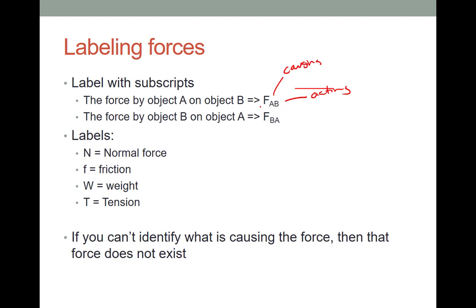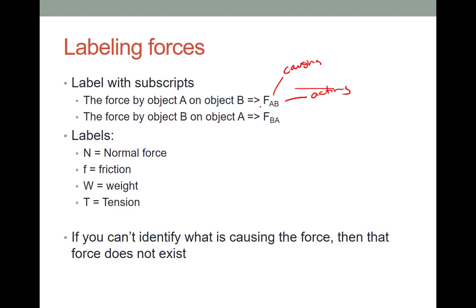There are a variety of reasons that I like my subscripts. One, when I look at a particular object, that second subscript, the one that the force is acting on, all has to refer to that same object. Otherwise, it doesn't belong. If you can't identify the first subscript, then chances are it's a force that you really want to be on the object and just isn't there.